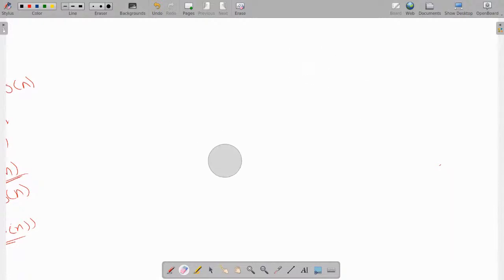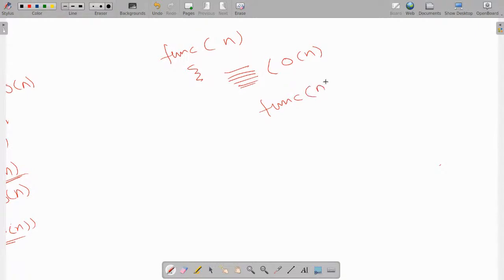Suppose I have a function. It performs some operations, and suppose these operations take O of n time. Inside this same function, it again calls itself by reducing its search space. This is what a recursive function is.